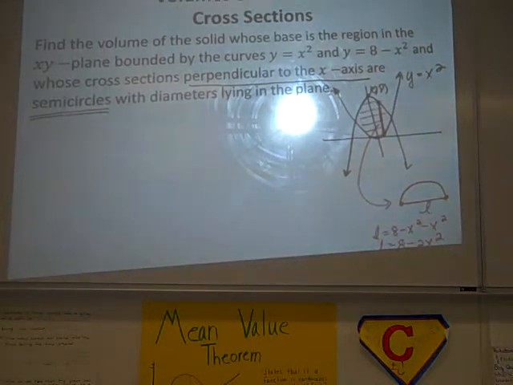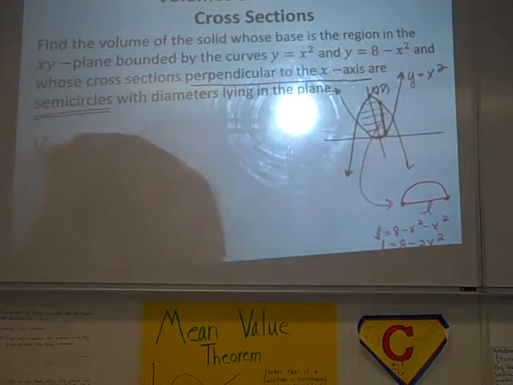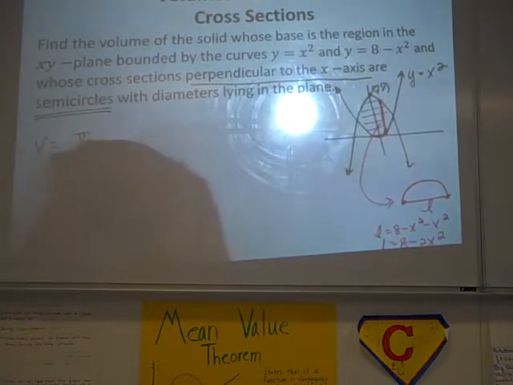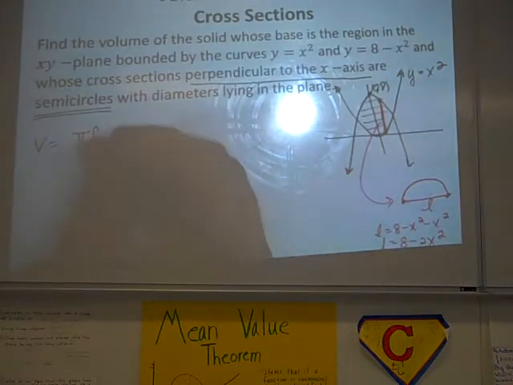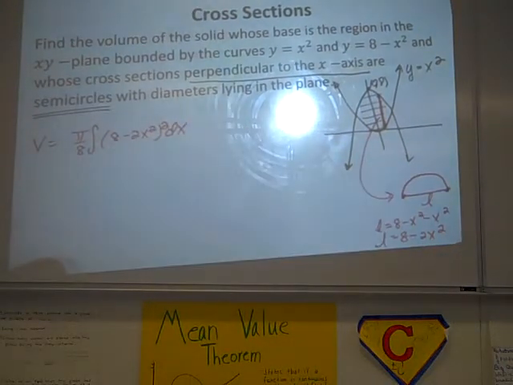That's the length. In order to find the volume of this object, the volume is going to be, let's see, semicircles, that multiplication factor was pi over 8, times 8 minus 2x squared, squared dx.